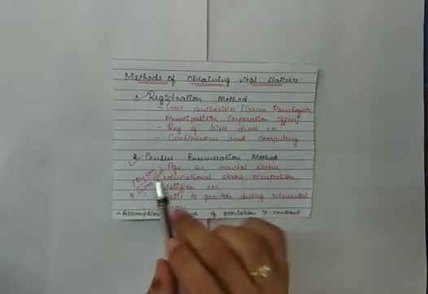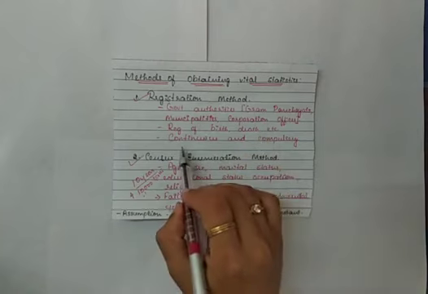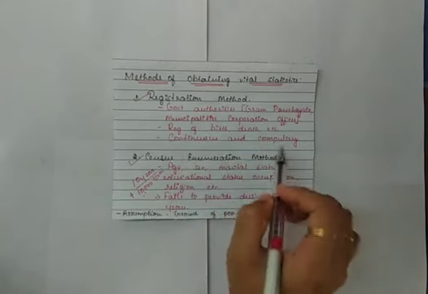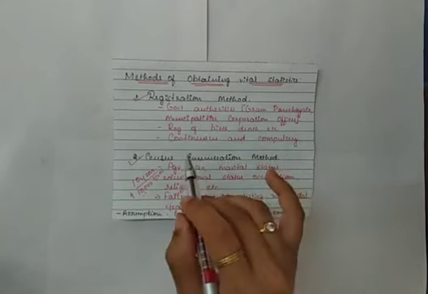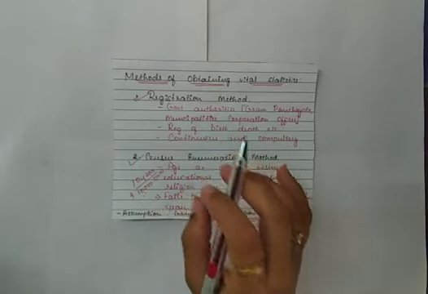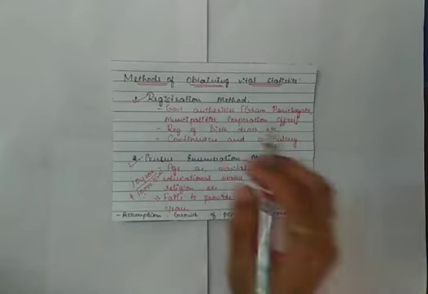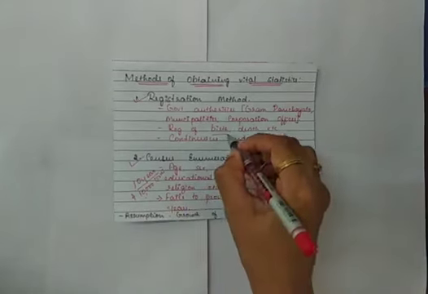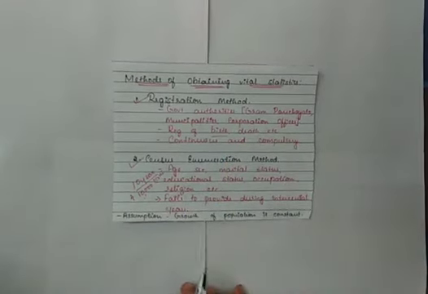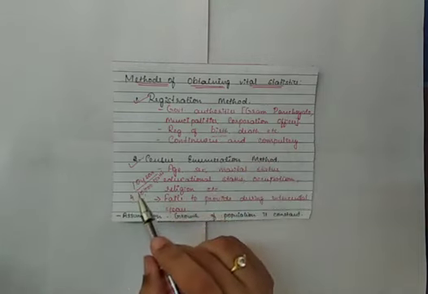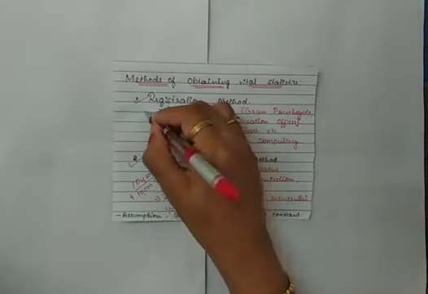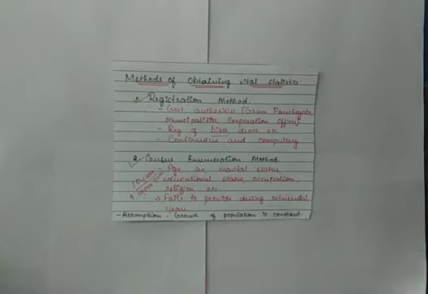It is a continuous and mandatory process. If any birth takes place, first we should register at the registration office of government authorities. So this is one source through which we can obtain the vital statistics.